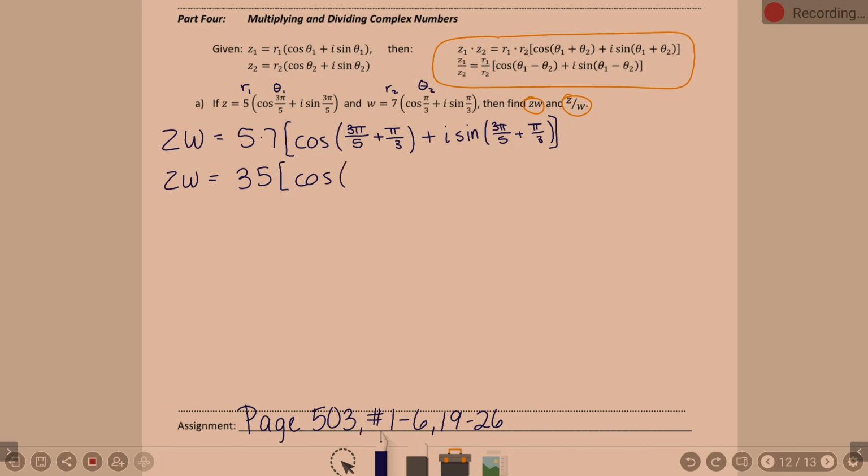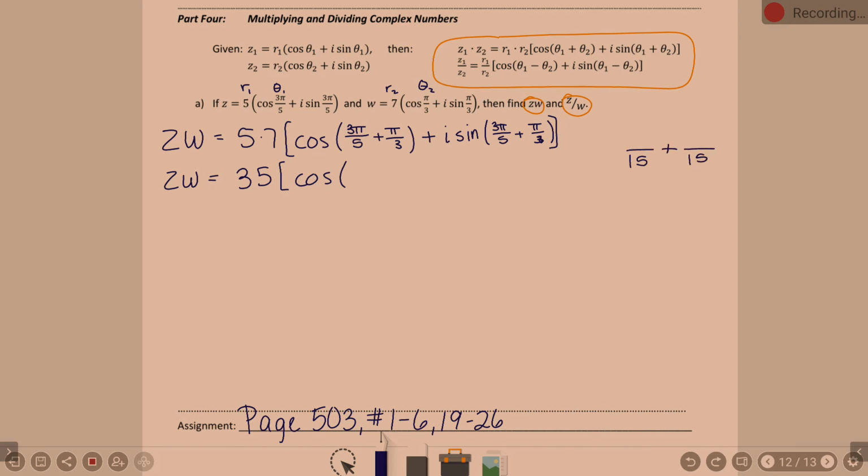Cosine of, what about 3 pi over 5 plus pi over 3? 14 pi over 15, I agree. You need a common denominator. If we look at a common denominator for 5 and 3, that's 15.